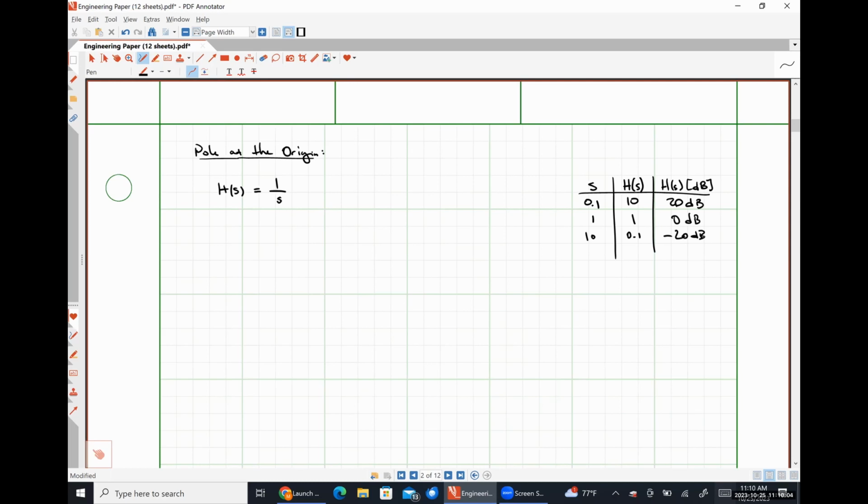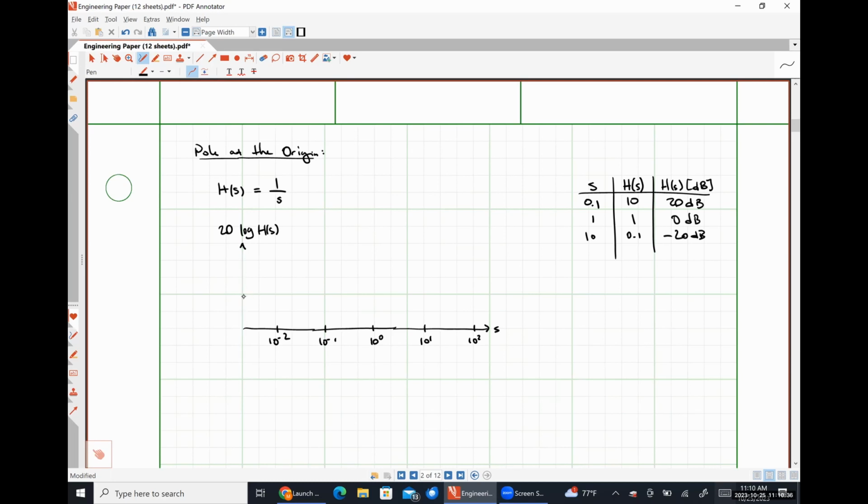So if I were to plot this, here I have 20 log H of s. Here's s. Let's put 10 to the 0 here, 10 to the minus 1, 10 to the minus 2, 10 to the positive 1, 10 to the positive 2.